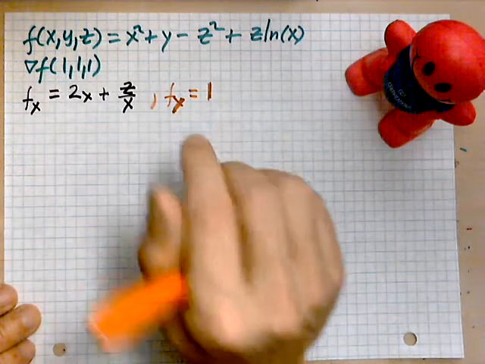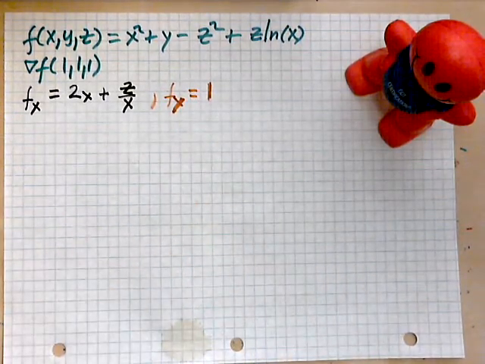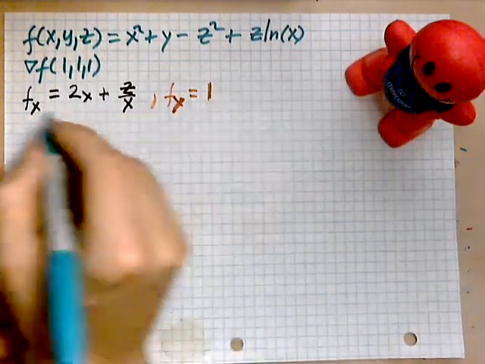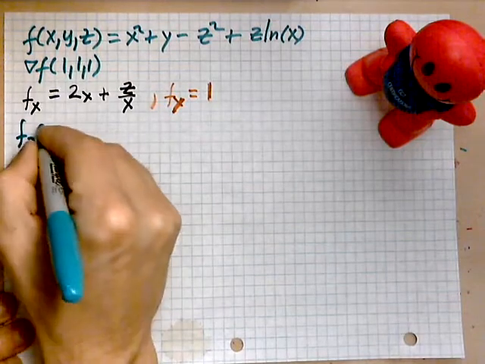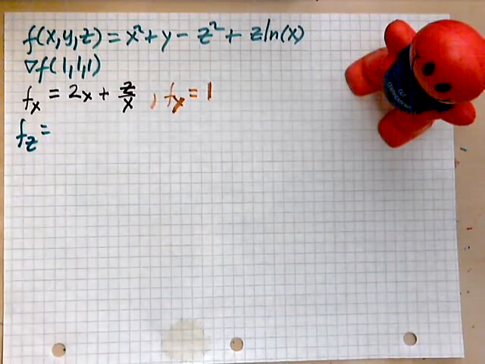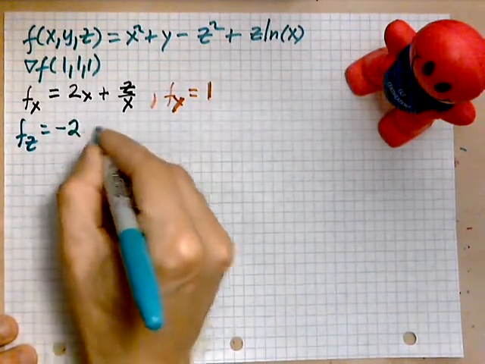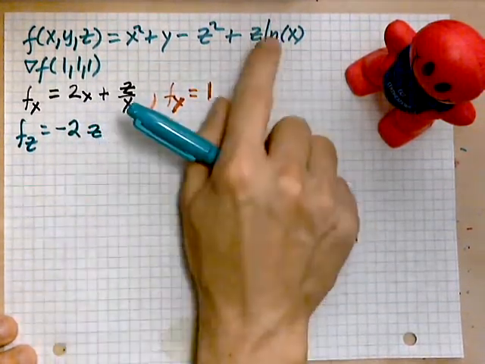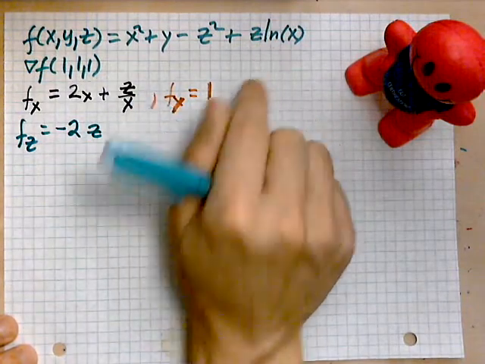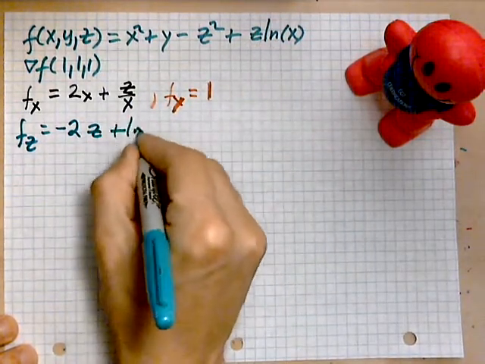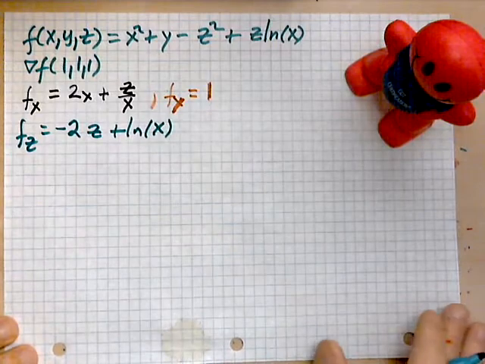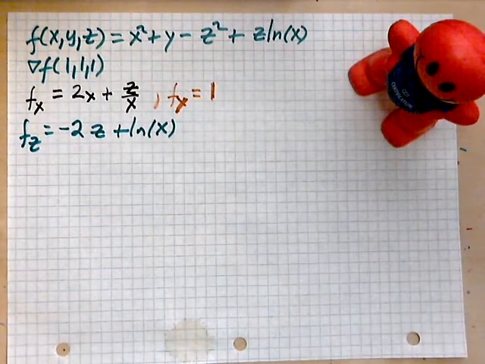It's just a constant 1. Easy. And then the last partial will be with respect to z. So f sub z has the following form. You differentiate this, which gives you negative 2z, and then the z differentiates away from this term, and all that remains is plus ln of x. So these are the partials of our function.